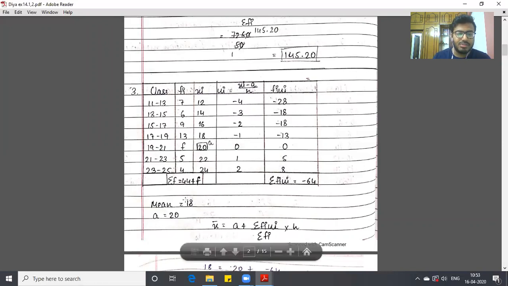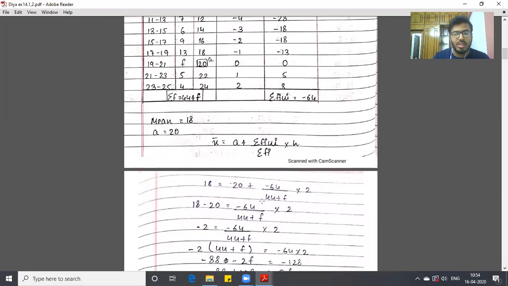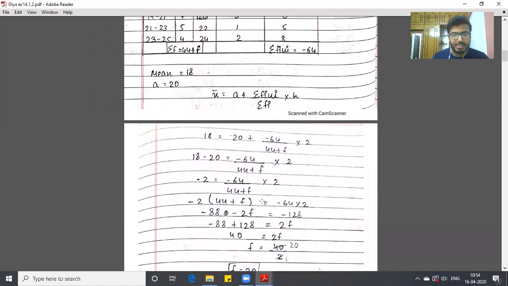Now in the question it is given that mean is 18 and a is 20 you have taken. Okay, so for formula substitute, so x bar is equal to a plus sigma fi ui upon sigma fi into h. Now look here, 18 is equal to 20 plus -64 upon fi का value क्या है, 44 plus f into h value is what, 2.